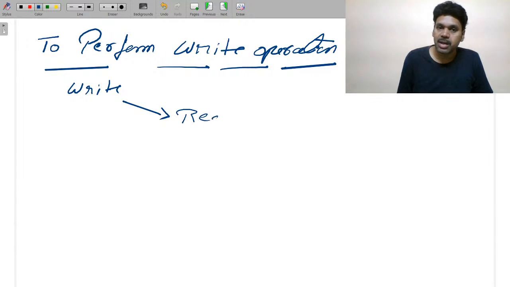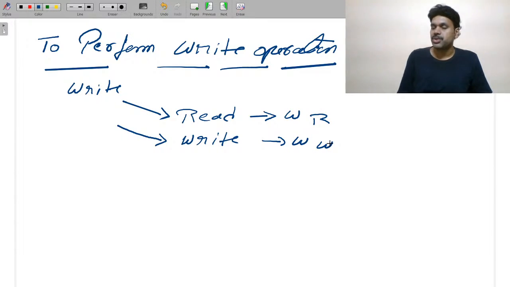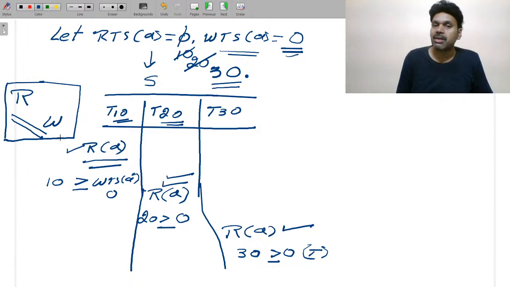One action is the read action, and write will also conflict with another action called the write action. As we know, WR is one conflict and WW is one conflict. Observe carefully, friends. Earlier, for the read operation we only checked with write, because read has a conflict with write only.